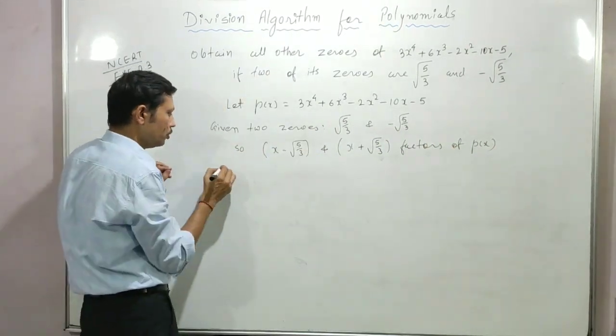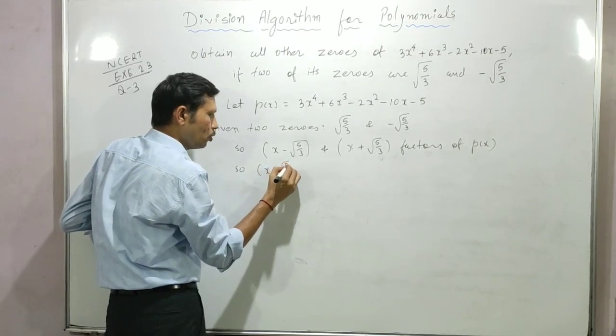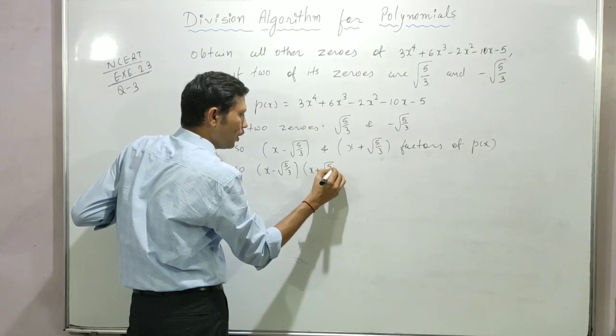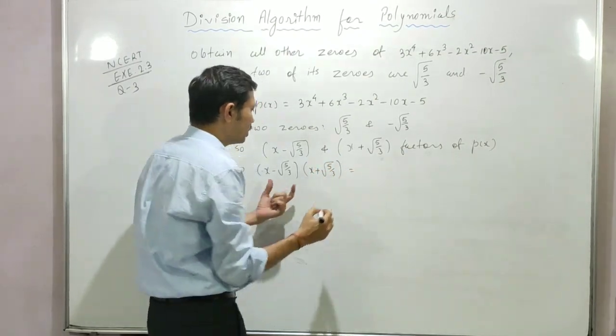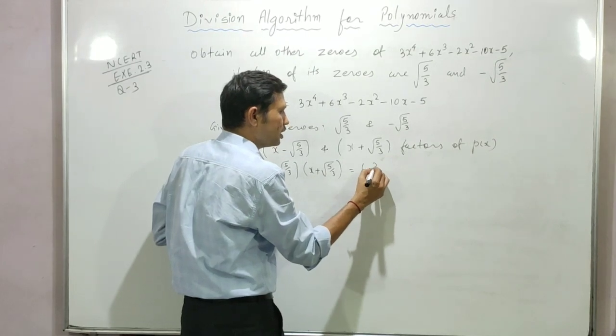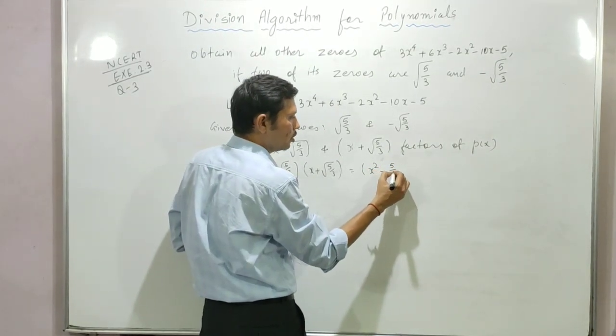Okay, so x minus root 5 by 3 and x plus root 5 by 3. That product is a plus b, a minus b, which is a square minus b square. So x square is x square and root 5 by 3 squared is 5 by 3.